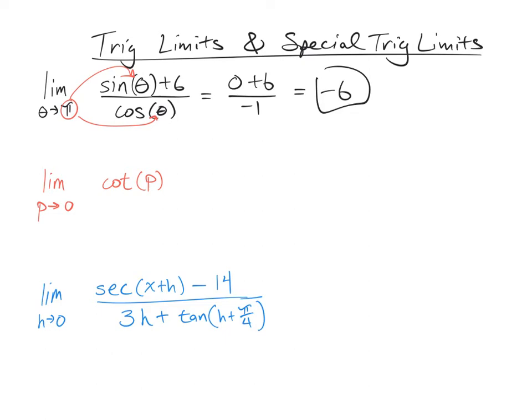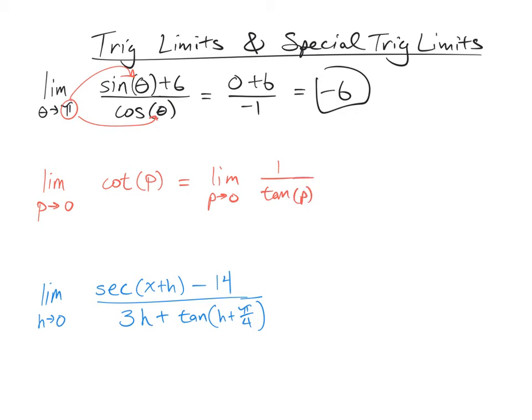For example 2, we have this here. If you try to substitute 0 in for p here, you'll get the cotangent of 0. Maybe we should rewrite that so that it looks like the limit as p approaches 0 of 1 over the tangent of p.